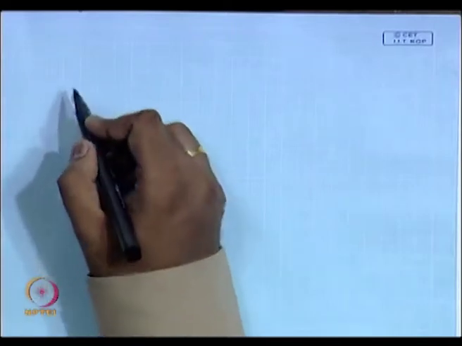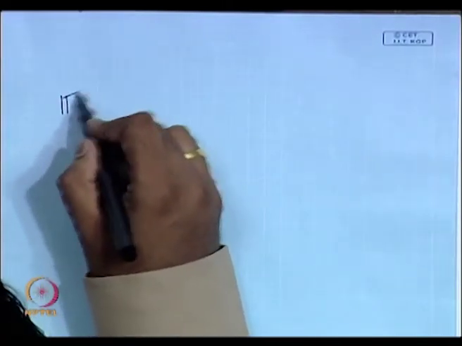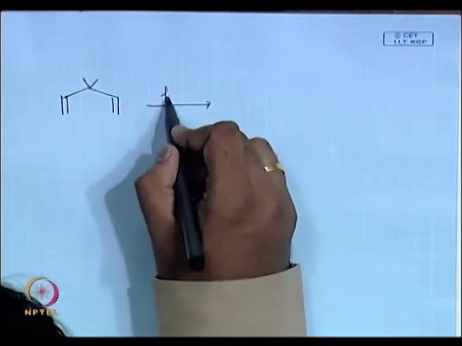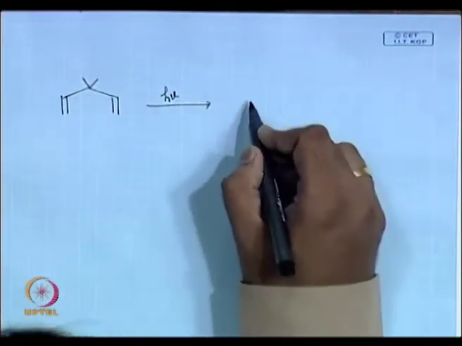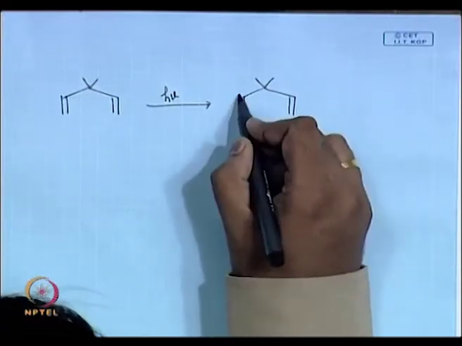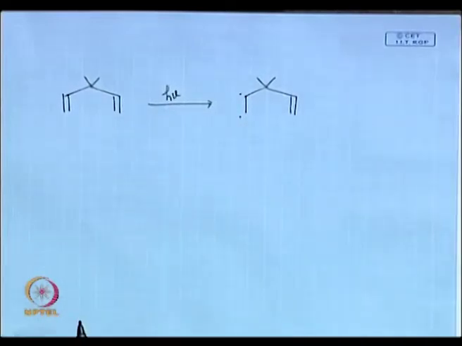The same mechanism you can also think of if the reaction goes from the triplet pi pi star. How does the chemistry look in triplet pi pi star? It should be radical, because the singlet is zwitterionic and the triplet is radical.